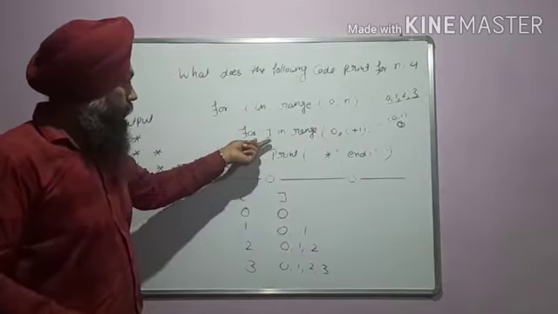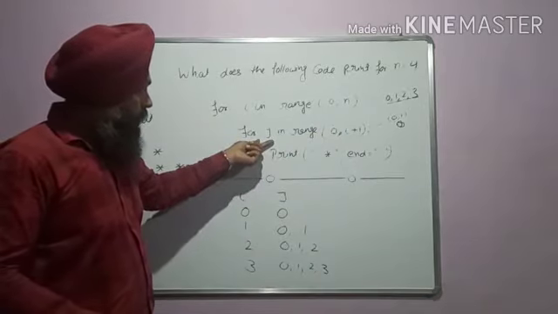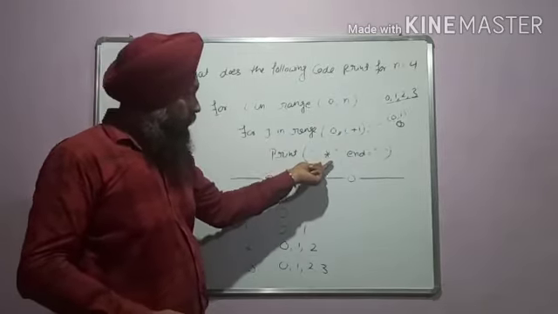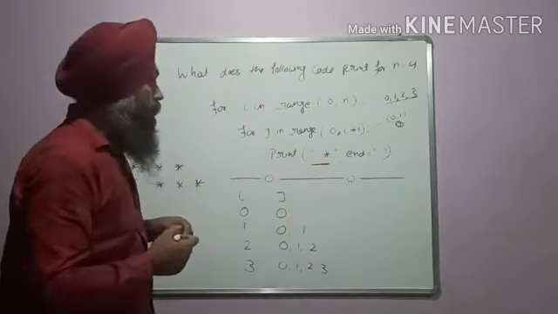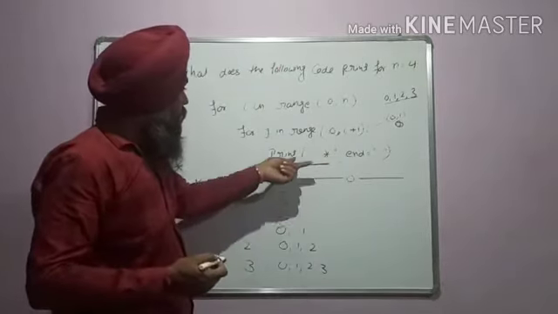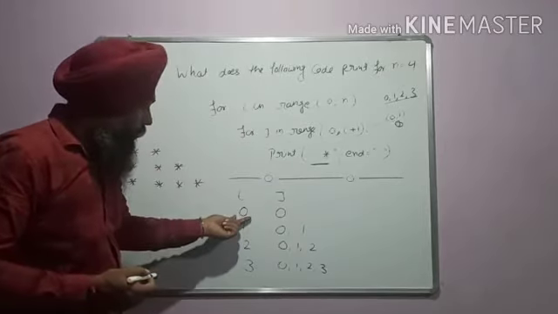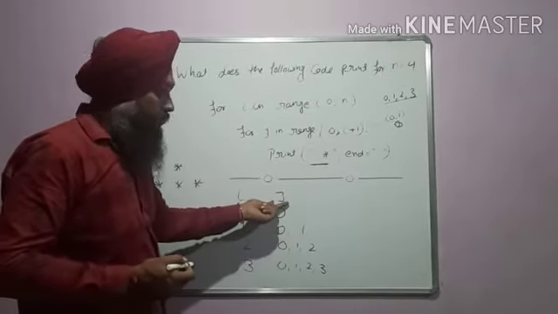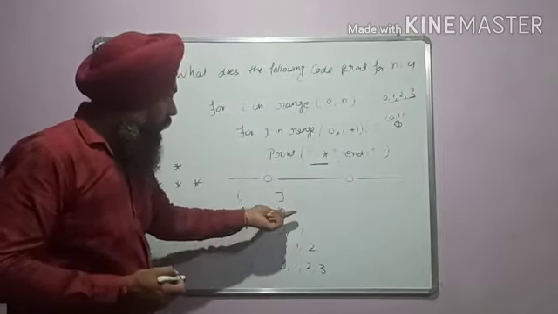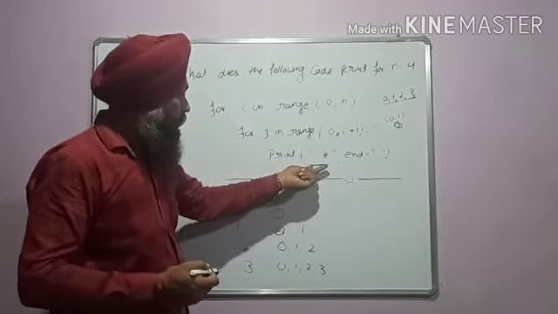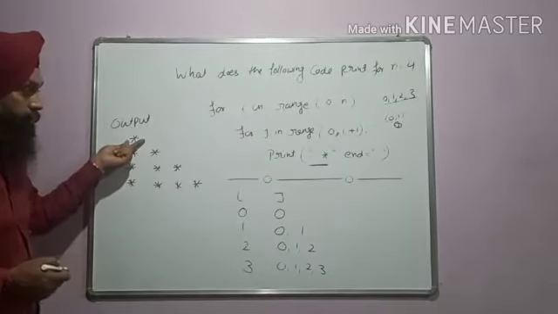And here we have the second loop j, and we will print only a star. Now we will see the output. For the 0 value of i, the second loop will execute only once, and therefore we will get only 1 star here.